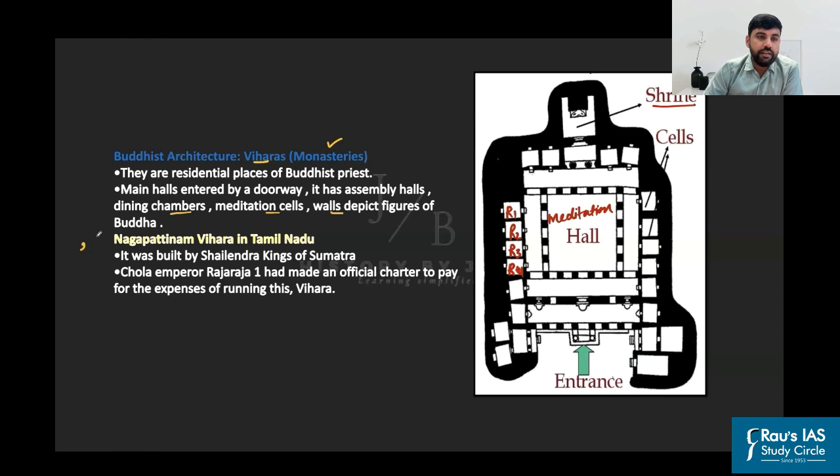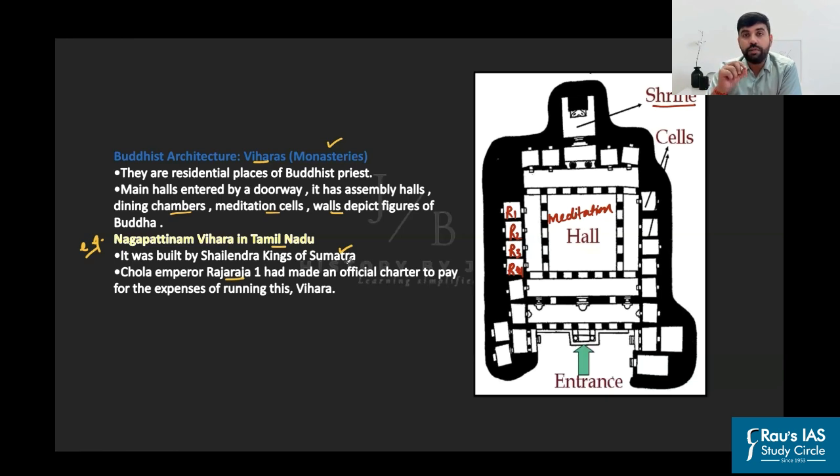The best example in this case is Nagapattinam Vihara in Tamil Nadu, which was built by the Shailendra King of Sumatra. Shailendra King of Sumatra basically means we are talking about the 10th and 11th century, right? Chola Emperor Raja Raja I had a good number of relations and visits to Southeast Asia, because all of you know that the second dynasty of the Cholas is Imperial Chola.